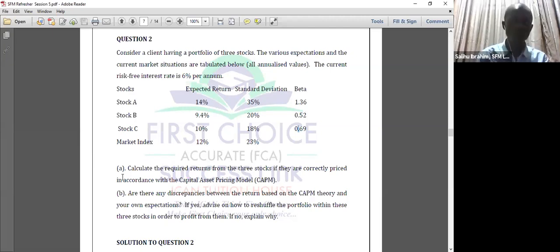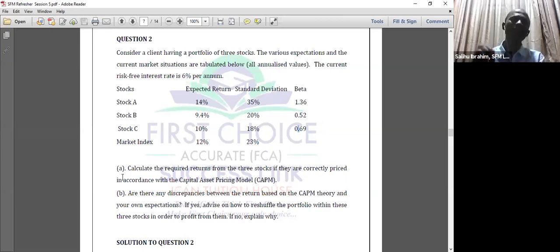For instance, I may have investment in Zenith Bank, I may have investment in MTN, I may have investment in an oil and gas company. Now the collection of these investments represents my portfolio as an investor. I believe that is clear. That is what we call portfolio.